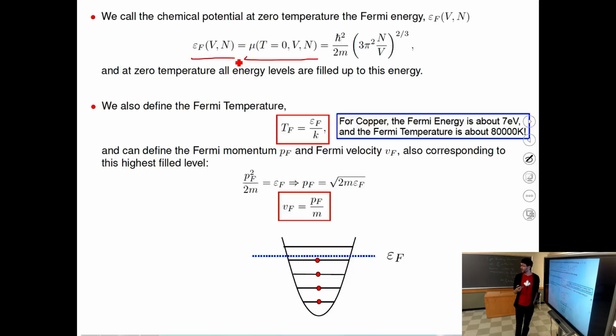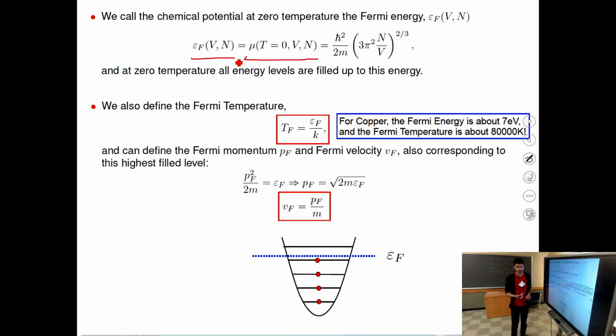People have done this calculation for various materials. The simplest one you can imagine is copper, just a metal, a really good metal. Do it for copper, and you can calculate what the Fermi energy is. It turns out it's 7 electron volts. Now, is it large or small? One nice thing I like to do is convert energy into temperature, by dividing by k Boltzmann.